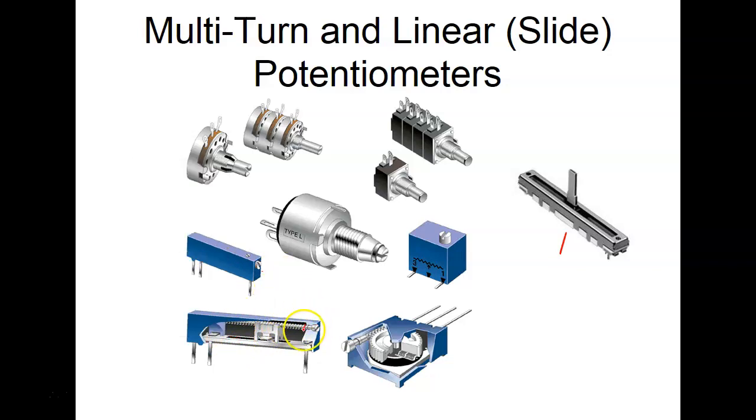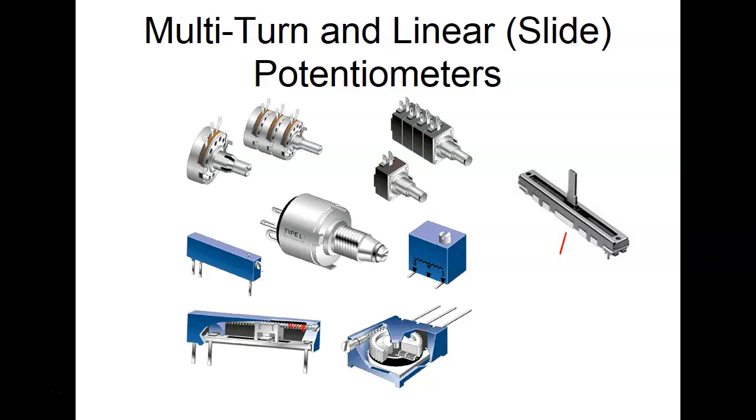When we turn that thing, it's got a little worm gear in there, and it moves it up and down. This is why we can get multiple turns out of that, because we don't have to bring that connection to the center lead in through the other two. Does that make sense?